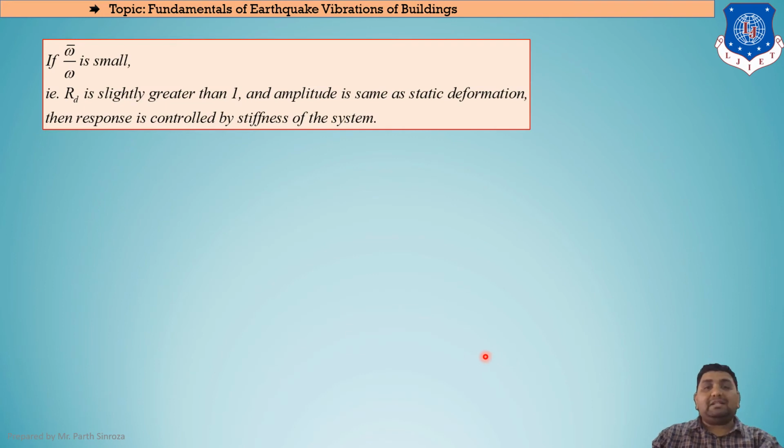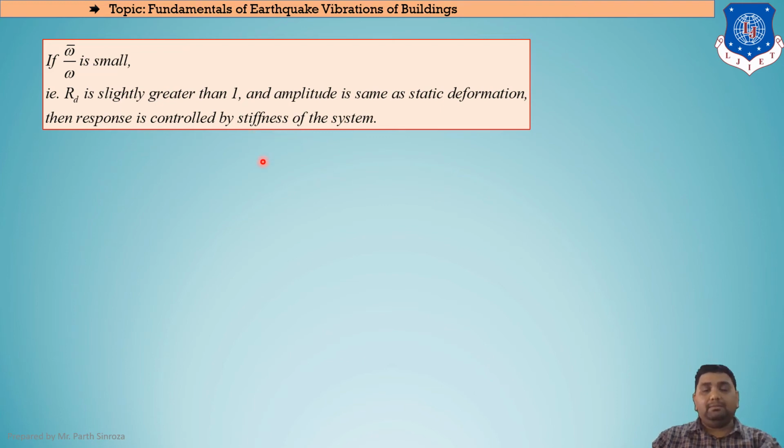Now moving across, there are 3 main things that we need to remember for the numerical parts and also for the derivation portion. If omega dash upon omega is small, then Rd is slightly greater than 1. Whenever Rd is slightly greater than 1 and the amplitude is the same as the static deformation, the response of the system is controlled by the stiffness of the system only.